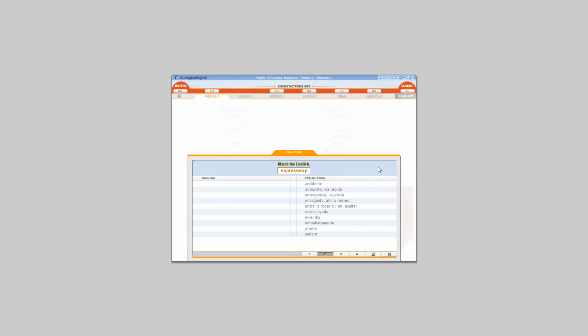Okay. Inmediatamente. Oh. Autopista o vía rápida. Sorry, no sé qué estaba pensando ahí.